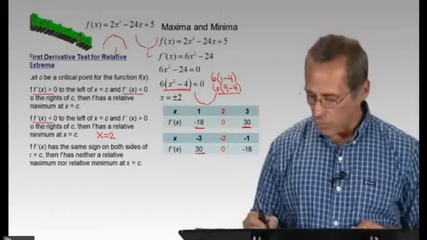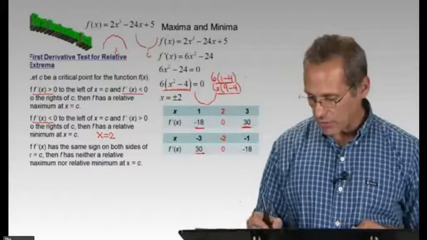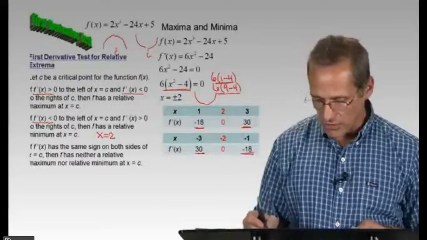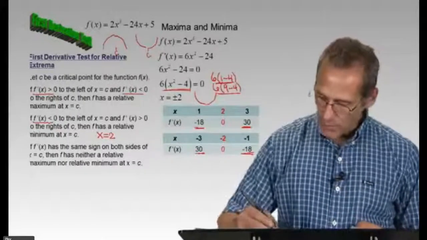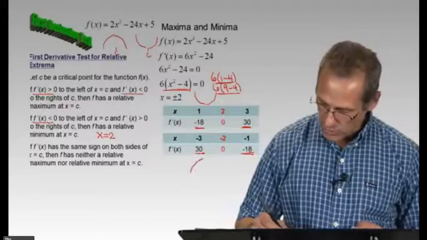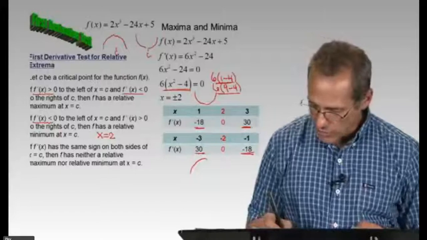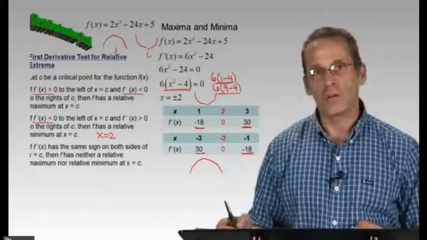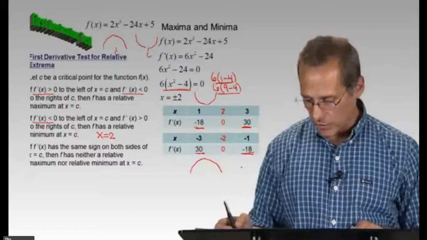And if I place a negative 1 into the derivative, again we have the calculation 6 times negative 3, which is negative 18. So the behavior, left and right of negative 2, is that the function is increasing because the derivative is positive, and then decreasing because the derivative is negative, left and right respectively, of x equals negative 2.